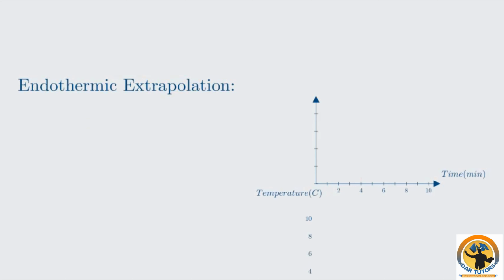Similarly, for a slow endothermic reaction, the temperature will drop, reach a minimum, and then rise again as heat flows in from the surroundings. We extrapolate the rising portion of this heating curve back to the mixing time to find the corrected minimum temperature.